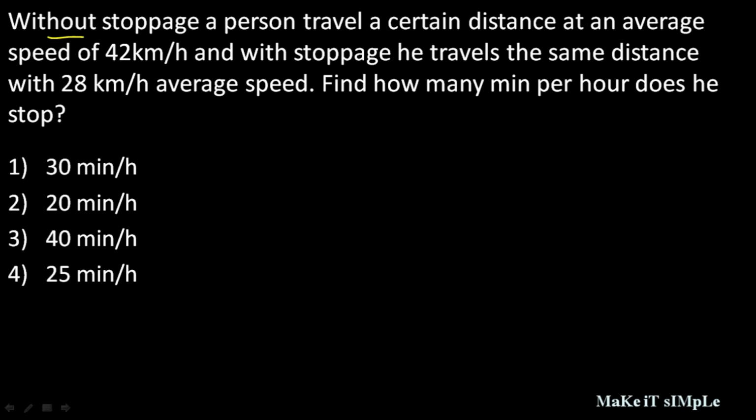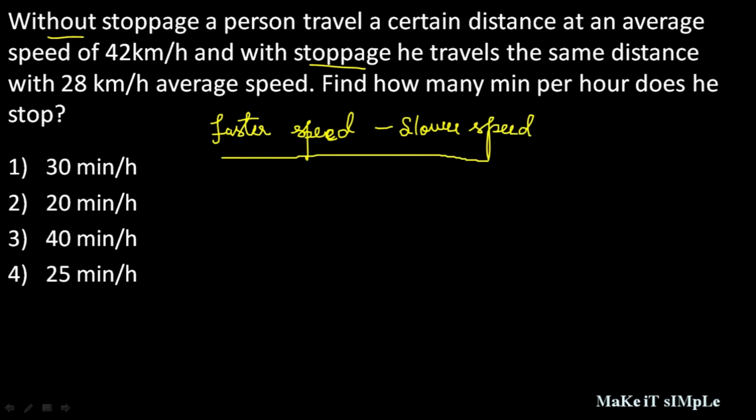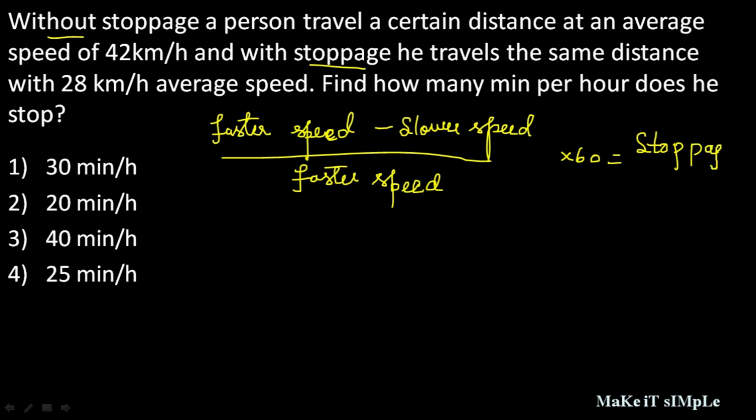Okay, in this question involving stoppage, we have the formula: faster speed minus the slower speed, divided by faster speed. And since they asked in minutes per hour, into 60, this is the stoppage time.